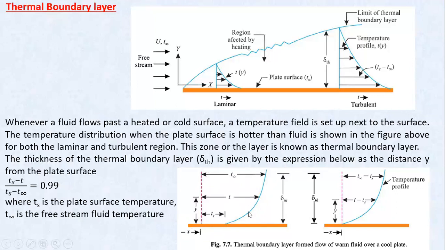So the profile will be opposite to the earlier profile, as shown in this sketch. When the fluid flows over a hot surface, it will be like this profile, and if the fluid flows over a cold surface, the profile will be like this. The thickness wherein the temperature changes from the surface temperature to the free stream temperature is known as the thermal boundary layer thickness. Thank you.